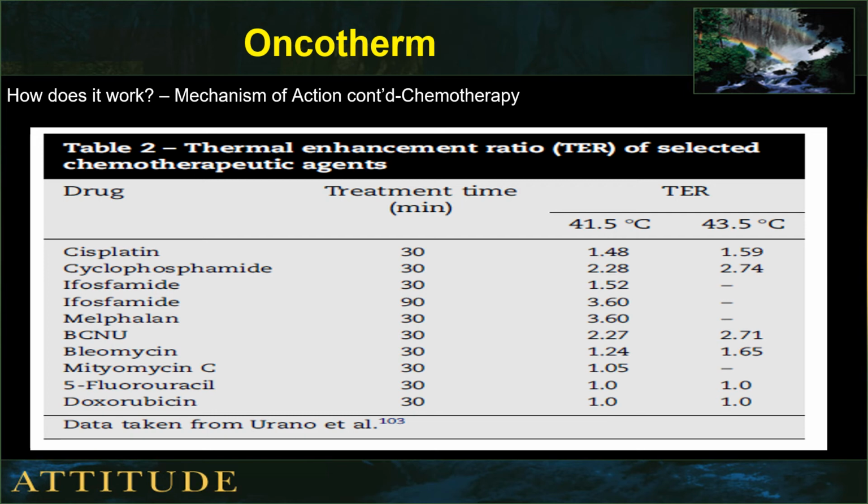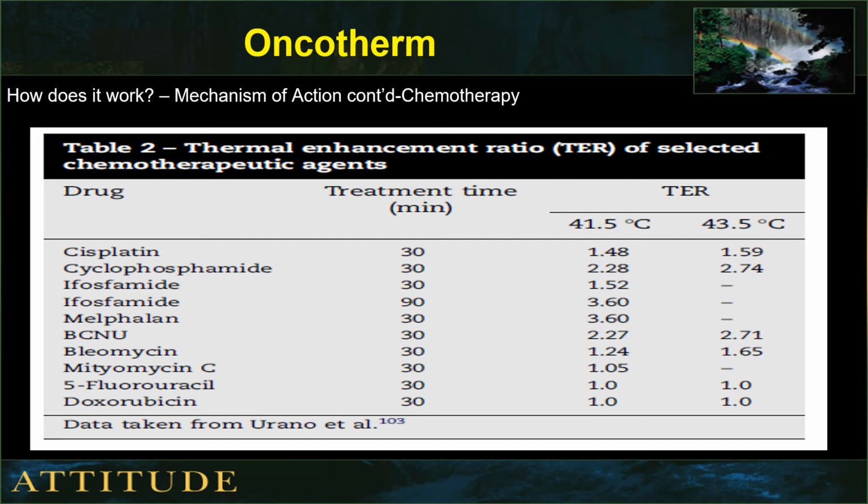Then when it was increased by 2 degrees to 43.5, the thermal enhancement ratio increased to 1.59, rendering it that much more cytotoxic. Everything there except 5-FU and doxorubicin, which the previous slide indicates had really no impact. It's still at 1, which would be no different from if it wasn't heated at all. So that's the thermal enhancement ratio that we talked about.